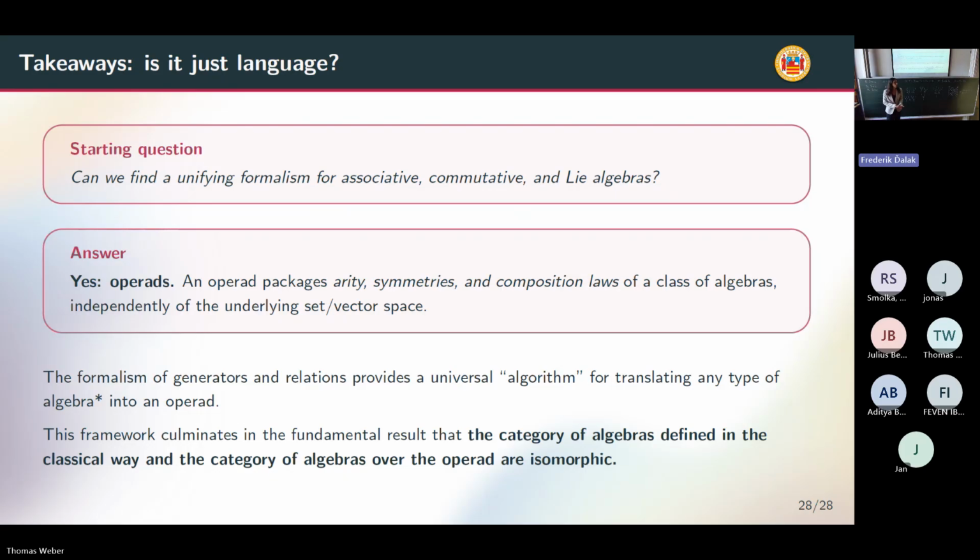You just have to choose generators and relations, then you can do it. You struggle if you try to do this for groups, for example, because there you have the inverse, which is not a linear or multilinear operation, but you can do this for every algebraic structure with multilinear operations and one output, and it's really cool.